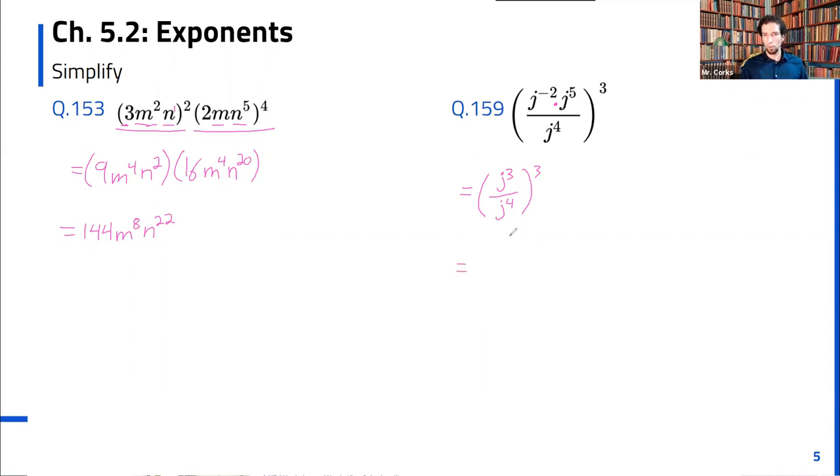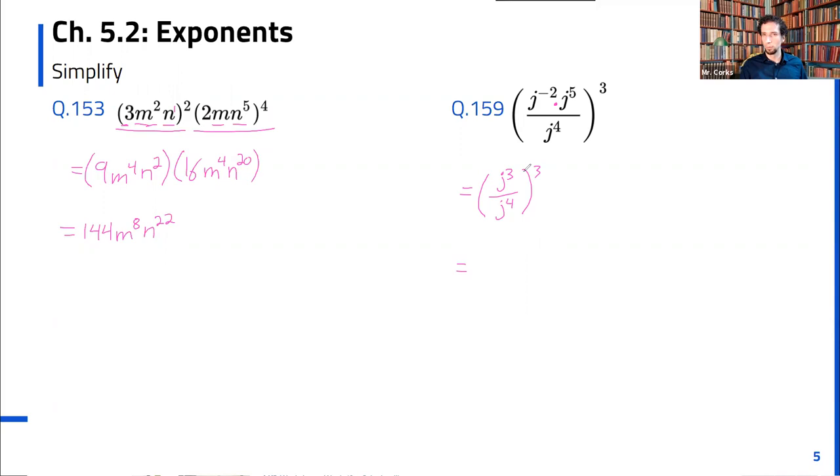Simplify the expression. Yes, that's the whole thing. Which part of the expression? In the brackets. Okay, so our fraction here, j cubed over j to the exponent 4. How can we simplify that?